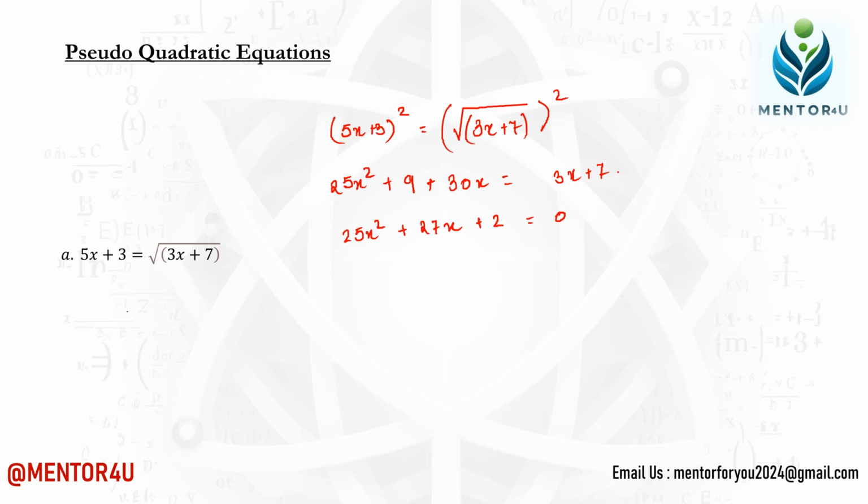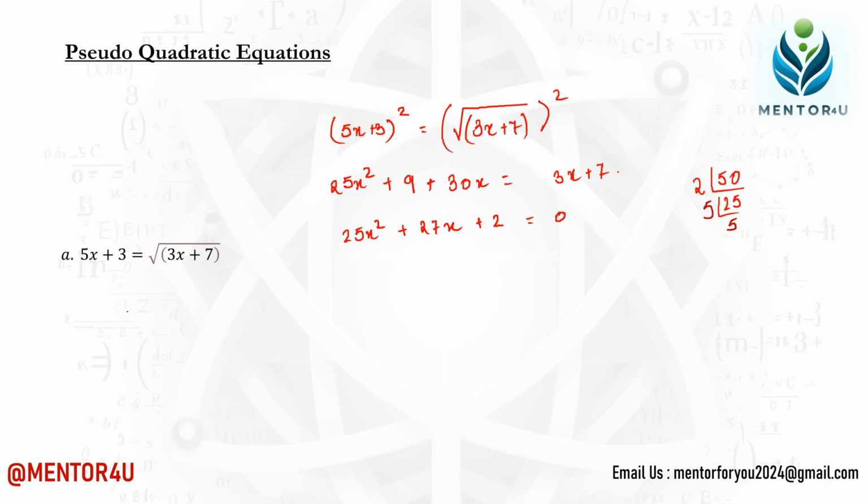Then you find the prime factors, which are 5 multiplied with 5 and 2. So now we have to make such possible pairs that when we add them, it is equal to 27, and when we multiply them, it is equal to 50. Such a pair is 25 and 2.